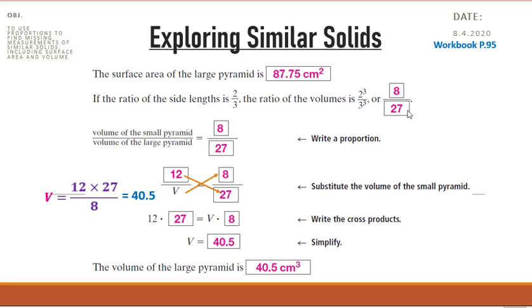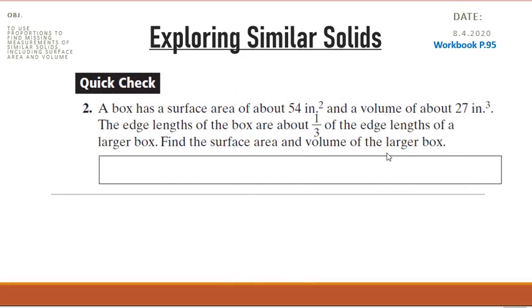Okay, now you have 1 minute to solve question number 2. Quick check number 2. Okay, no problem, Mu'adh. Welcome back.